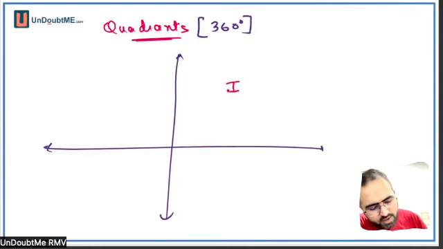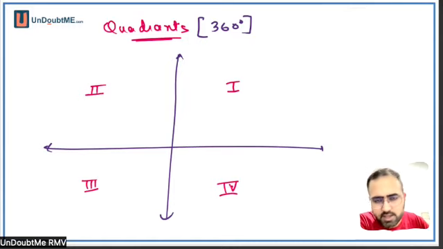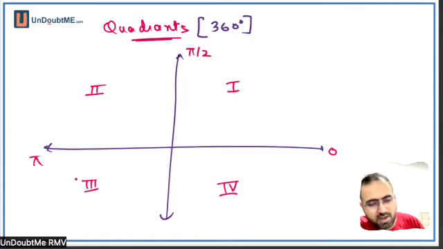The 4 quadrants are numbered in an anti-clockwise manner: 1, 2, 3, and 4. First thing, this should be clear. Now, the second thing is that the 4 quadrants represent angles. It will start from 0, then pi by 2, then pi means 180, then 3 pi by 2 means 270, and finally 2 pi means 360.